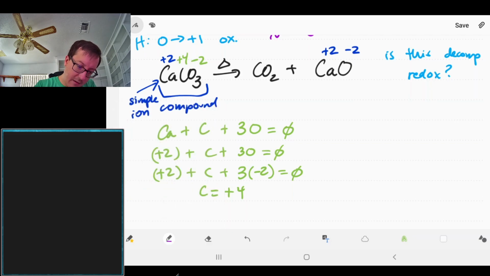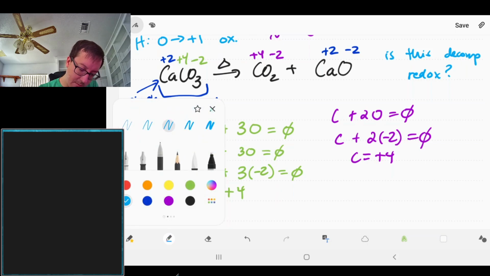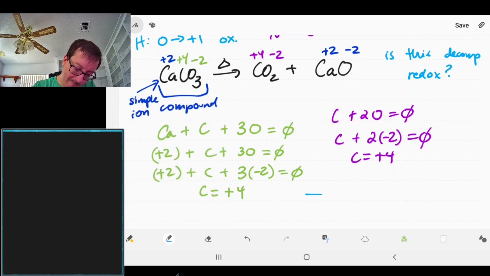The next one we have is carbon dioxide. So we just need to go ahead and do the same thing. Again, we see that we have the rule for oxygen but not for carbon, so we get +4 and -2. And so if we go ahead and take a look at everything happening in this reaction, what was next?